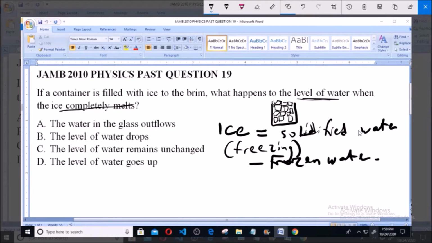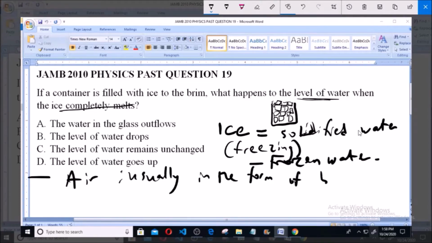So that is what ice is made up of. Now aside from water, ice is also made up of air, usually in the form of bubbles. So ice is made up of water and air trapped within it, as part of it. So in this container containing ice, you have water as part of the ice, and you also have air as part of the ice.